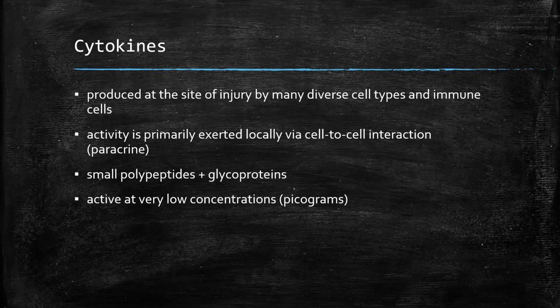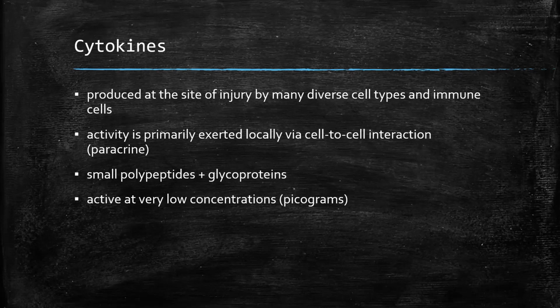But cytokines are very small polypeptides. They're active at extremely low concentrations, the picogram level, and in general, they're designed to work locally. And so they deal with the local problem. Hormones classically work at a distance. One organ secretes them and they have an effect a long way away.